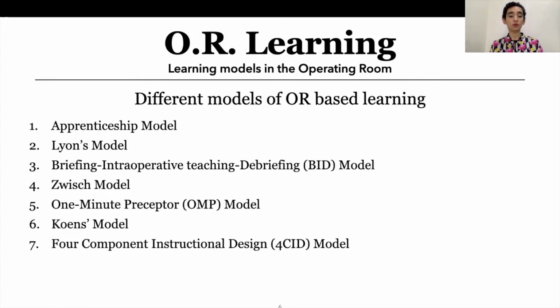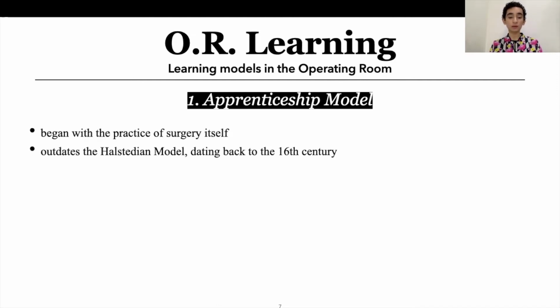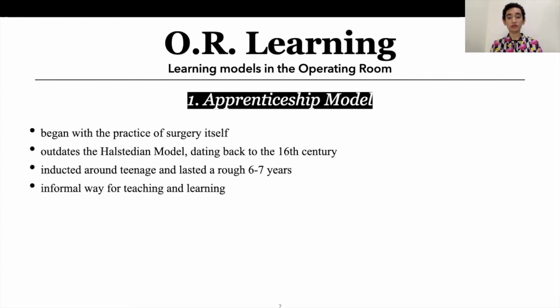So we are going to be discussing 7 different models of OR-based learning, from the oldest to the newest. First, we're going to discuss the apprenticeship model, which is as old as surgery itself. It dates back to the 16th century. Talented or interested teenagers used to take an apprenticeship with practicing surgeons without any prior medical knowledge, and they were trained for 6, 7 years.